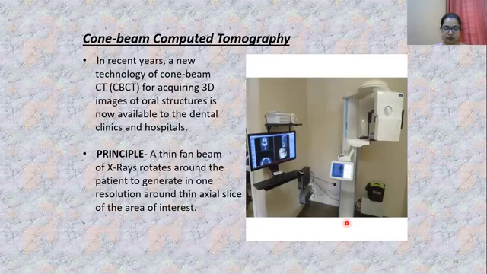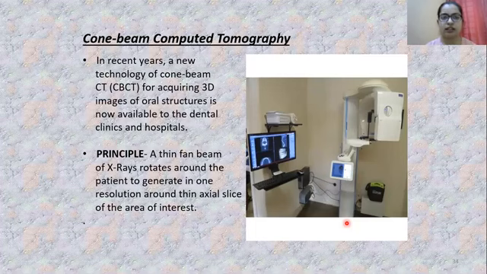Next, the most recent and very big boom to dentistry in case of radiography is cone beam computed tomography. Till now, we had only a two-dimensional view. Even with digital radiography, whatever we had before CBCT, we had only a two-dimensional view of the structure.